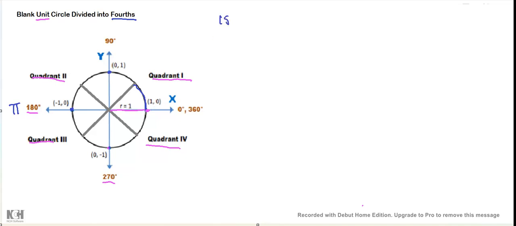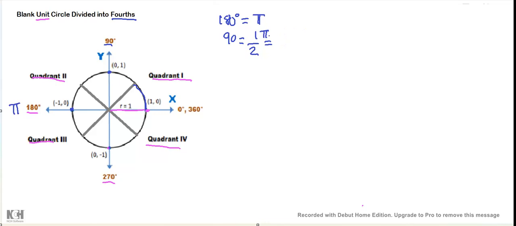So 180 degrees equals pi. All right, now we'll go to 90 degrees. So 90 degrees, to make sense, would be half of a pi.